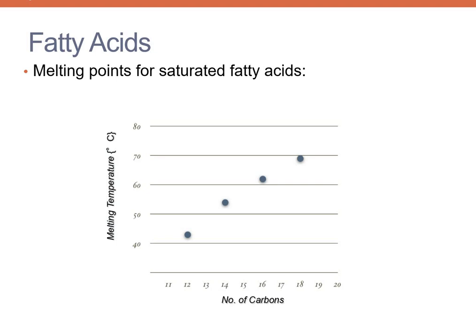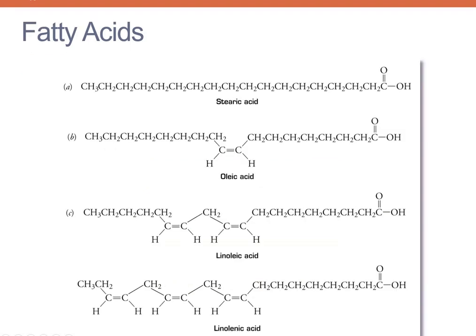The physical properties of these saturated fatty acids, such as their melting points, depend on how long that particular tail is, how many carbons are there in the tail. Here in one graph we are showing that the melting point of these fatty acids rises depending on how many carbons you have in the molecule.